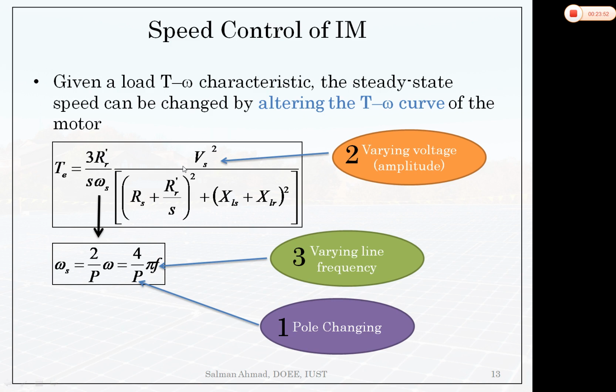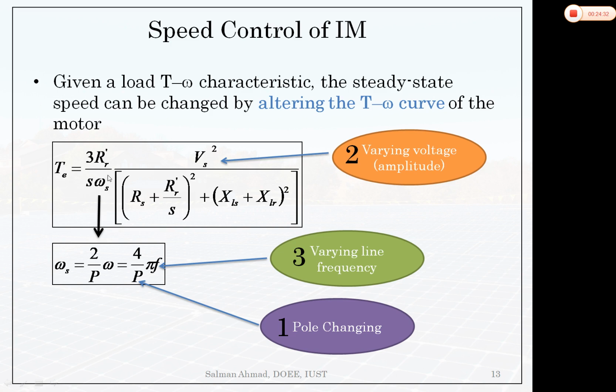We can use AC to AC converters that you learned in the power electronics course to control the output voltage, so that whatever stator voltage is applied can be controlled. Again we can have DC to AC inverters to operate at the desired voltage. So the first method is to control the terminal voltage, that is the amplitude of the voltage applied to the stator winding.